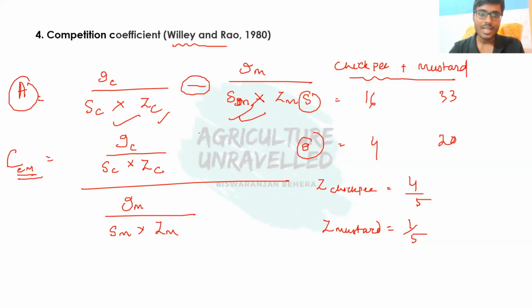Okay, so what is the value of this? We'll put in the values: the intercrop yield of chickpea, that is 4 divided by 16, into Z, that is 4 by 5, and here it is 20 divided by 33, into 1 by 5.